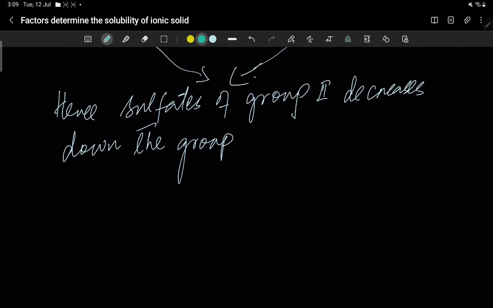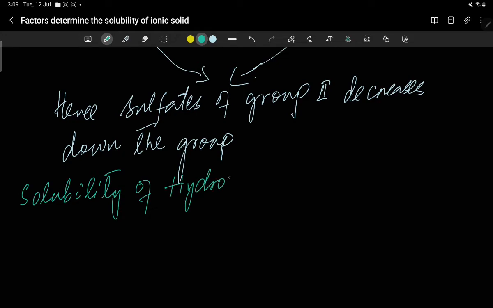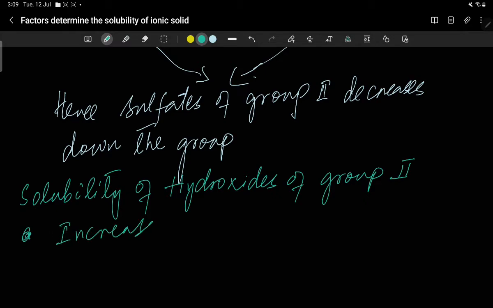Similarly, solubility of hydroxides of group 2 increases down the group.